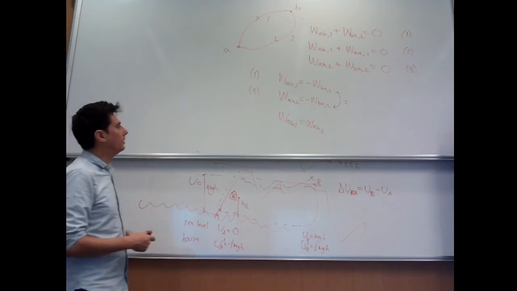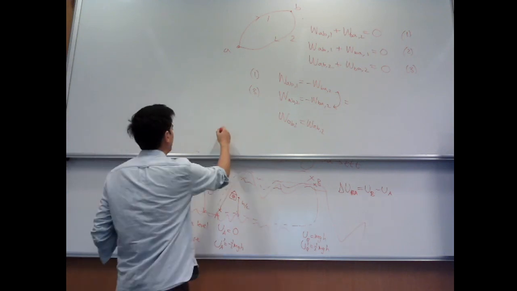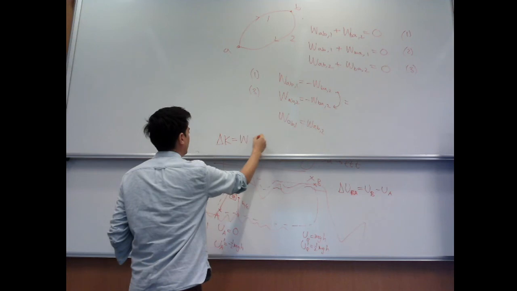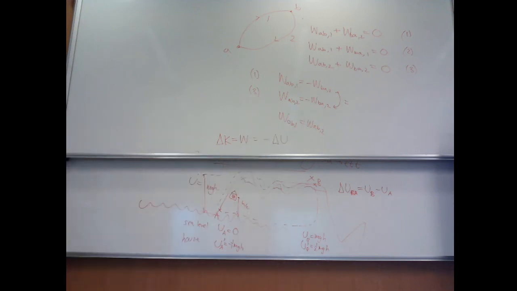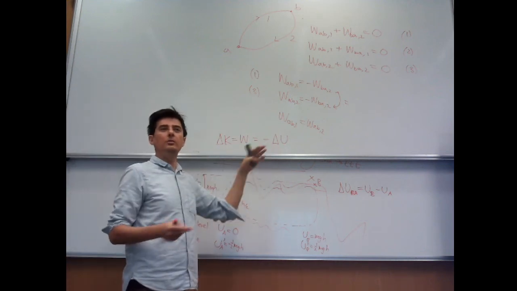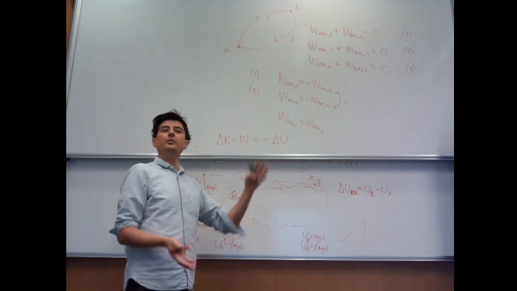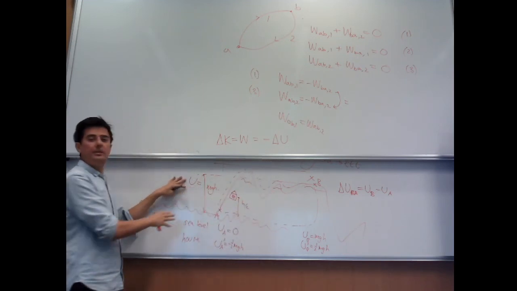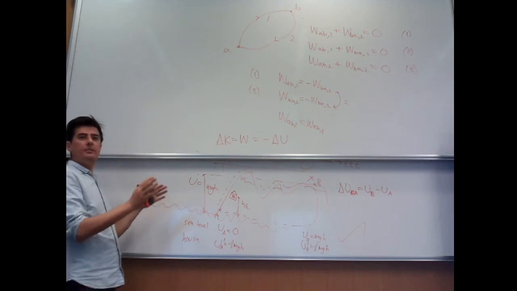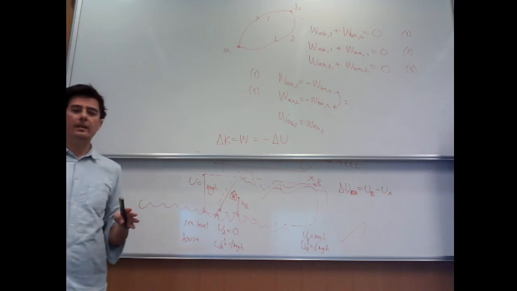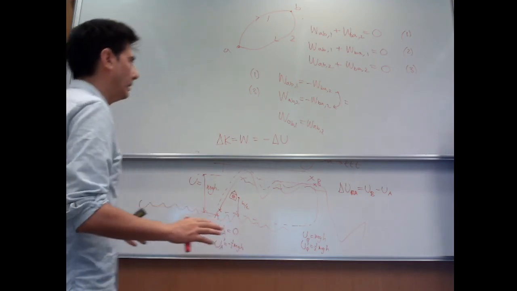So if you notice, we have some formulas saying the change in kinetic energy is work, and that's actually eventually equal to minus the change in potential energy. But basically all our formulas with the potential energy have got to do with changes in the potential energy, and the actual value of U itself doesn't really appear in any kind of physical quantity.